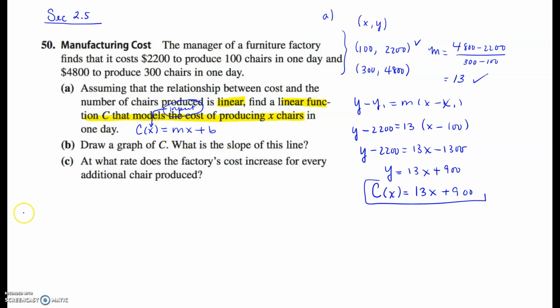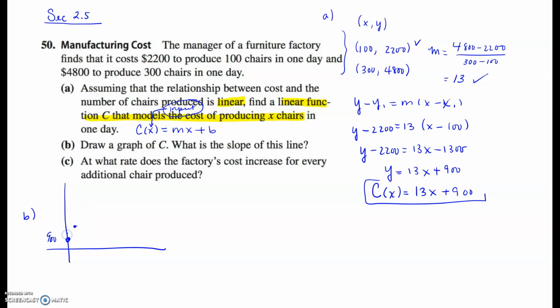Now when we look at part B, it says draw the graph. Okay, so if we draw the graph, we've got a y-intercept of 900. We're going to go, slope is 13 over 1. 13 is our rise.